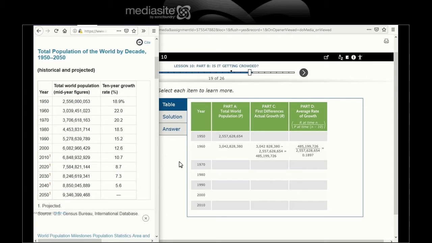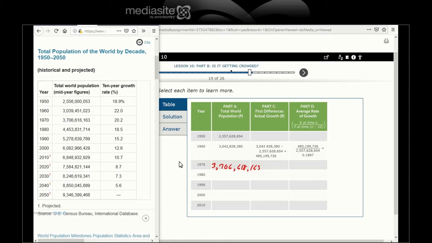So let's throw some numbers in. 1970 was 3,706,618,163.